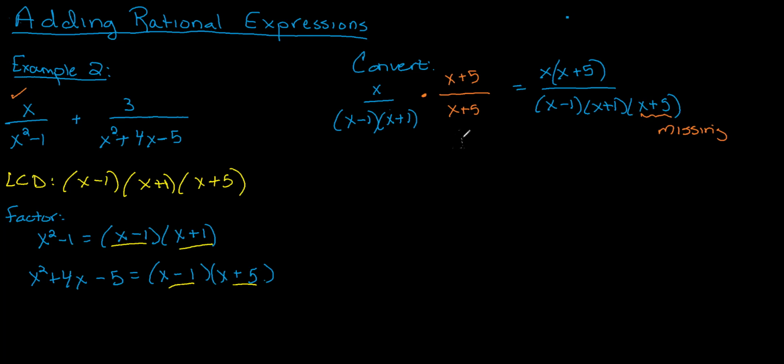Moving on. Let's take a look at our next fraction here. Let's use a different color. This one looks like 3 over x squared plus 4x minus 5. Again, I'm going to write that in factored form.